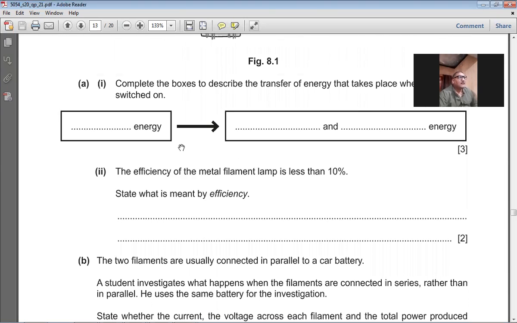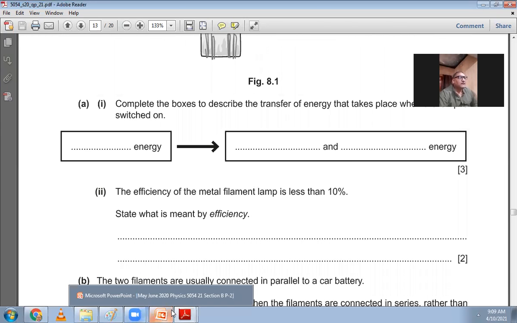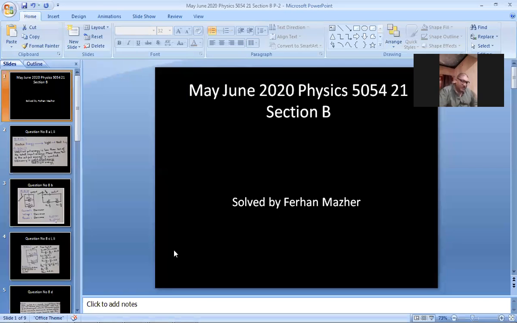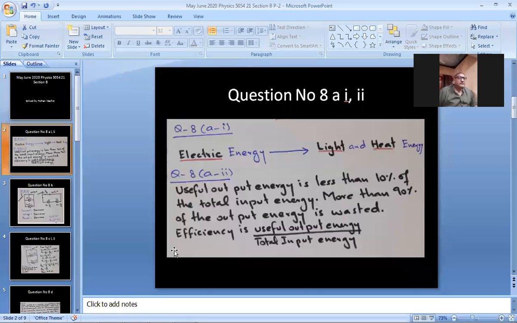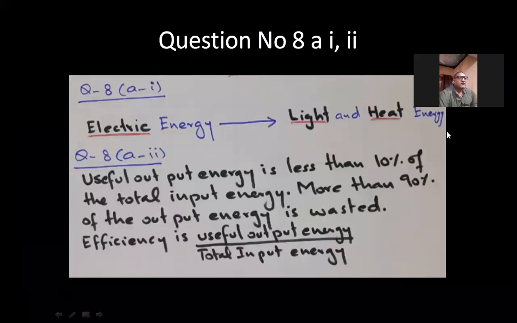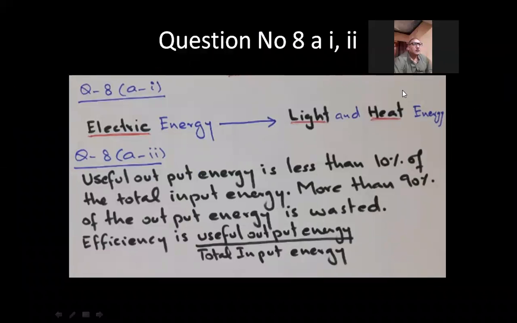And let me show you my work. I've done this on a paper. So here we have electric energy will be converted into light energy and heat energy. First of all, I have the actual definition of the efficiency, just that formula.